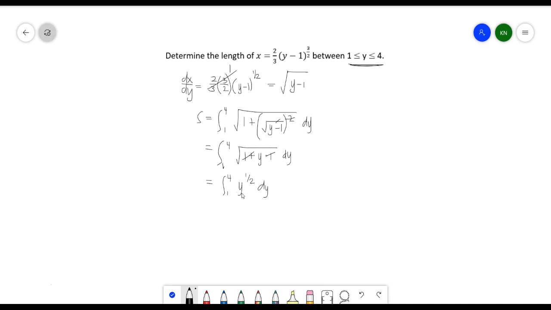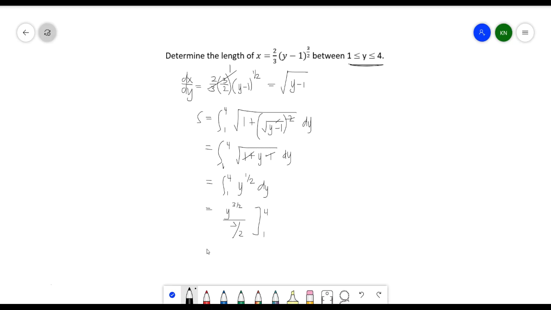And we all know that we can apply the power formula for this one. So basically we have y raised to 3 halves all over 3 halves, and then we have our limits from 1 to 4.